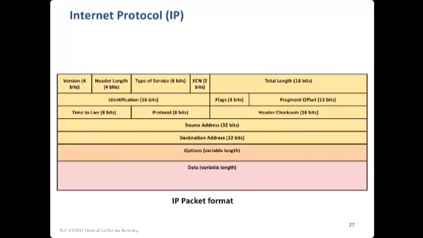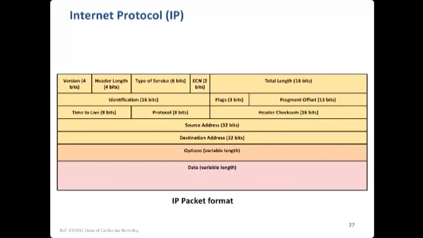If you look at the first row, the last bit corresponds to total length, and the next bit is the beginning of the next row, that's identification. So essentially it is nothing but a string of bits, but here we have shown it in this form.